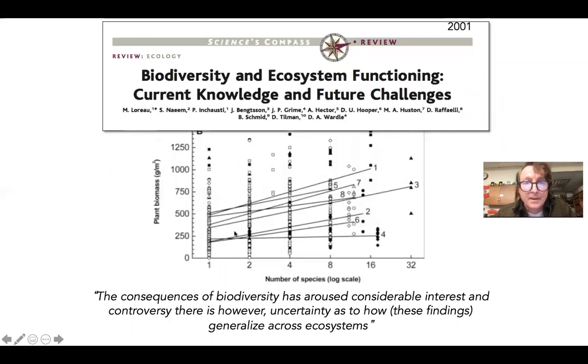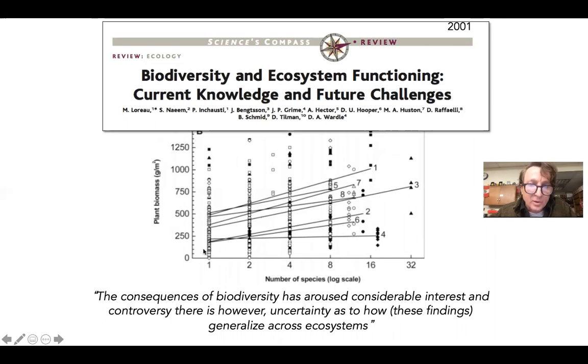Okay. Another issue with this biodiversity ecosystem functioning work is that if I pull out a relatively recent paper here, this is a consensus of knowledge on the relationship between biodiversity and ecosystem functioning.